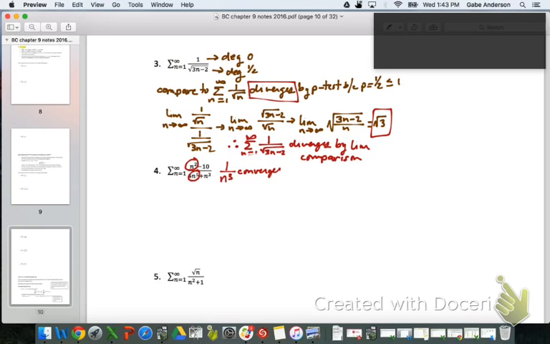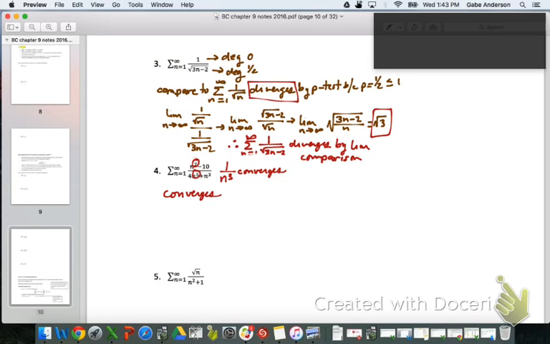And if we were to go all the way through with the limit comparison test, you know that these two series would go the same way. And so I would immediately look at this and say, because the difference in the degree of the numerator and the denominator is 3, I'm going to say that this series converges. If that difference was less than or equal to 1, I would say that the series would diverge.